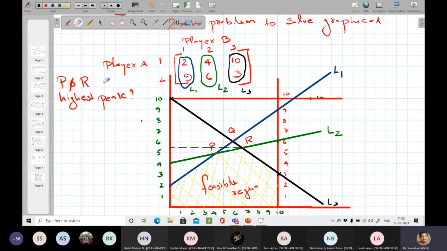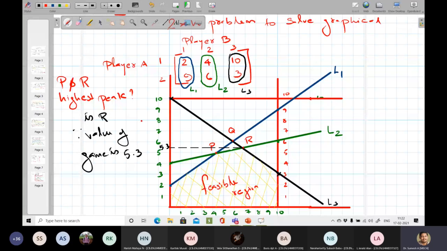The value corresponding here will be 5.3. So highest peak is R. Therefore, the value of the game is 5.3.